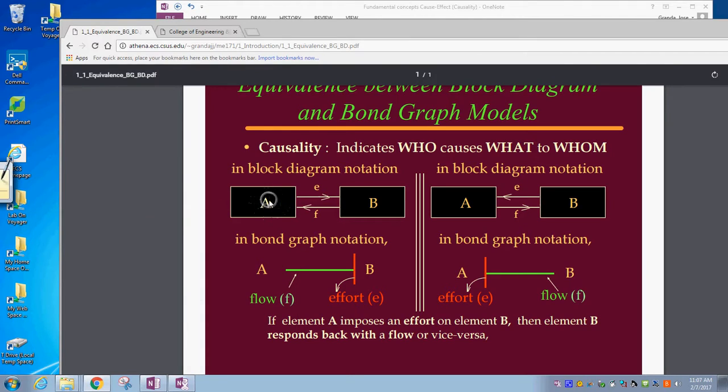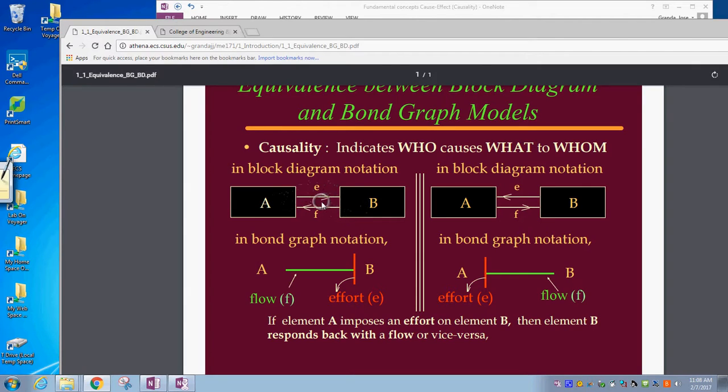this element A applies a force on B, B responds with the velocity. So we are going to use the letter E for force and the letter F for velocity in this case. But I could generalize and say if element A applies a force on element B, B will move and will respond with a velocity.